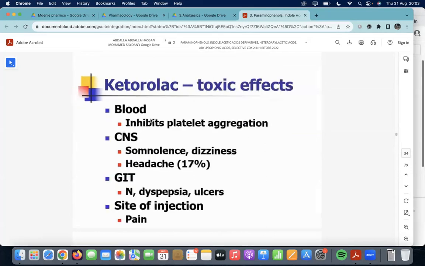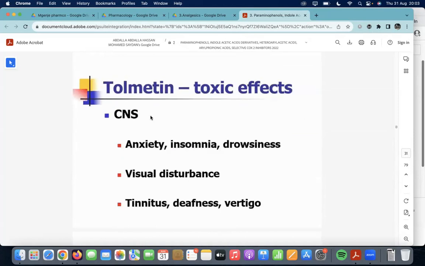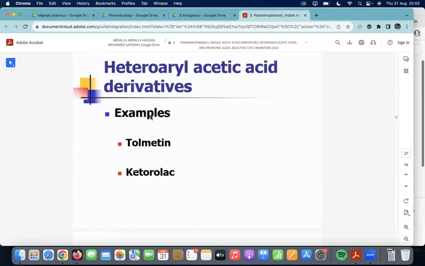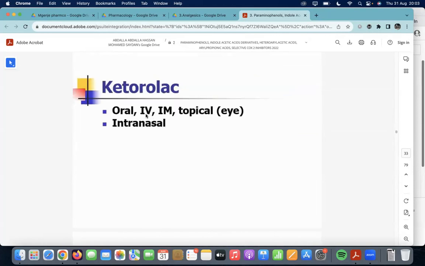So ketorolac is administered orally, intravenously, intramuscularly, topically, and also intranasally. So it has various routes of administration.